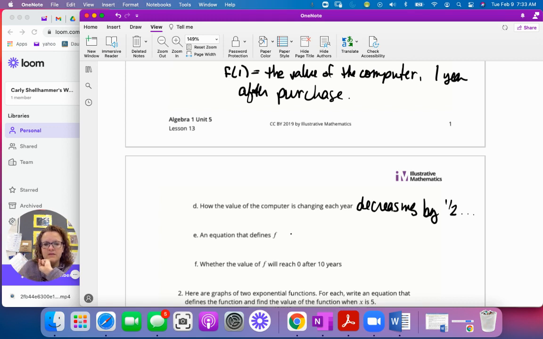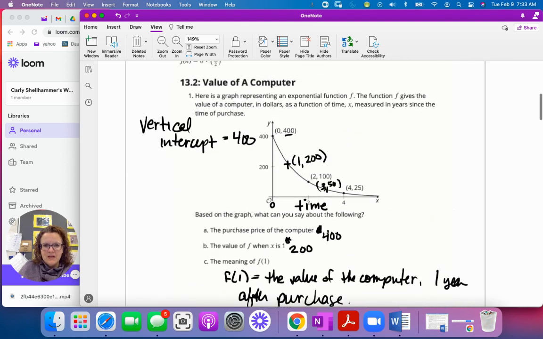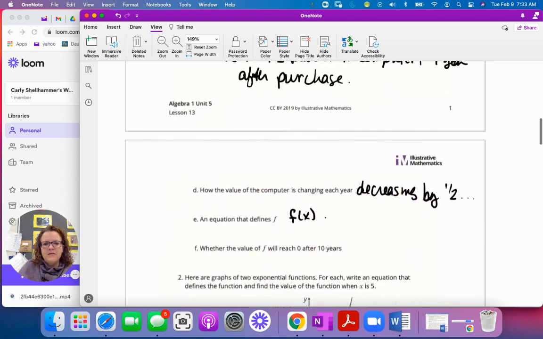And then an equation that defines f. So we have f of x. It should be time, so I could use anything, but it says x. f of x equals my initial value times the amount remaining raised to a certain time, x. And whether the value of f will reach 0 after 10 years.